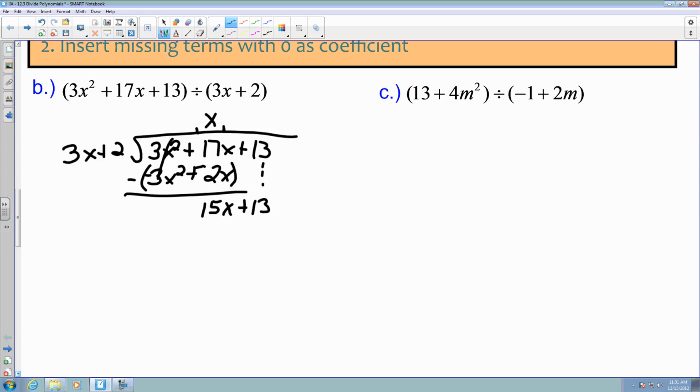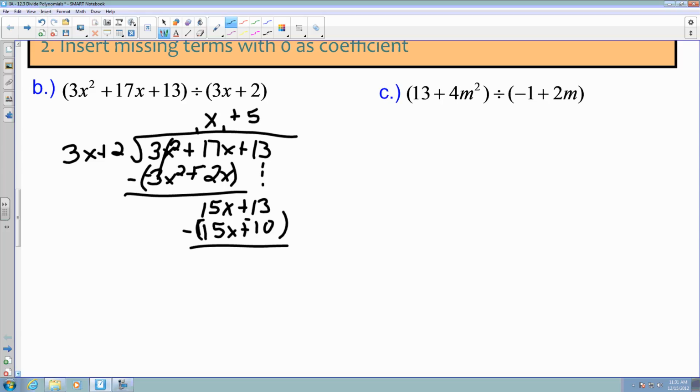And now I am looking for a value that will cancel out my 15x, and that happens to be a plus 5. Because if I distribute 5 times the quantity 3x plus 2, that'll give me 15x plus 10. And again, I subtract that whole term, and if I distribute the negative sign, I get negative 15x and a negative 10.